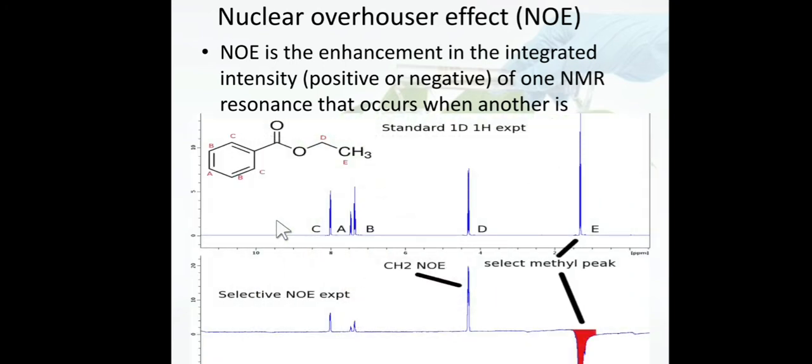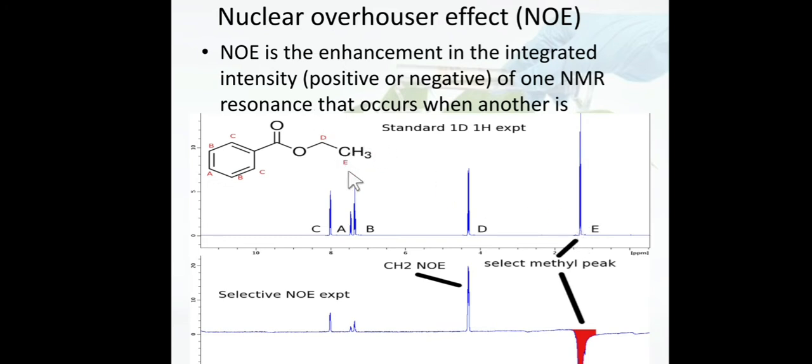So friends, I have one example for you. You can see here, this is a very simple structure, but we are going to apply this to complex natural products also. For example, we have E, that is CH3, showing a triplet because of the neighboring CH2.